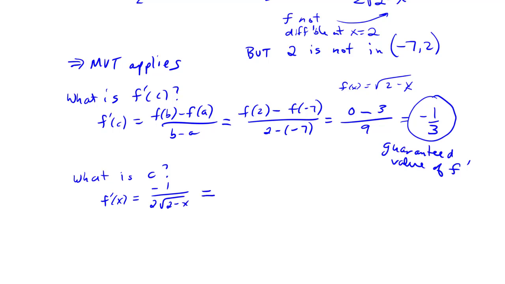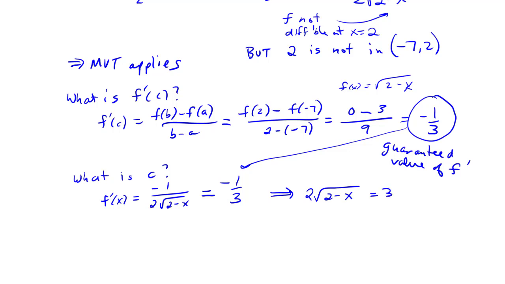And we're going to set that equal to this -1/3. Obviously, if you have -1 over the thing on the left and -1 over the thing on the right, that means the two denominators have to be the same. So 2 times the square root of 2 minus x would have to be 3.